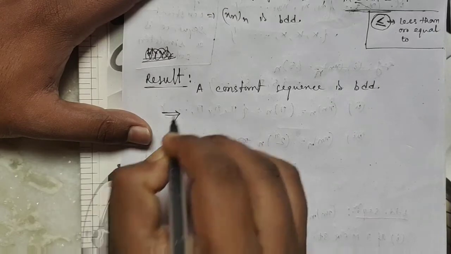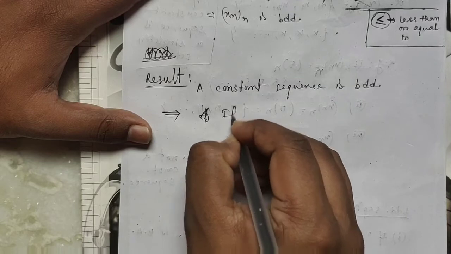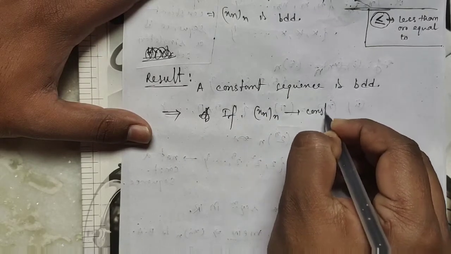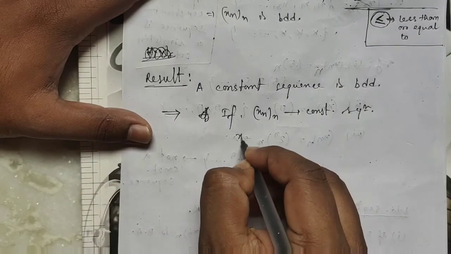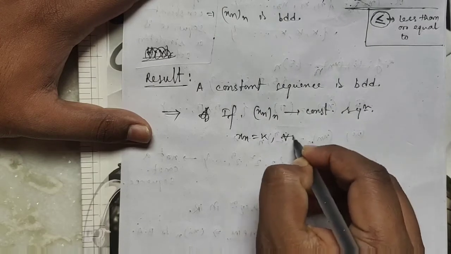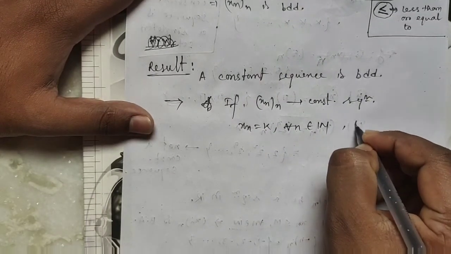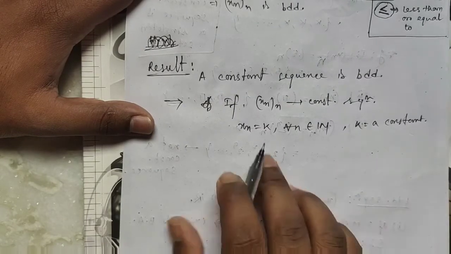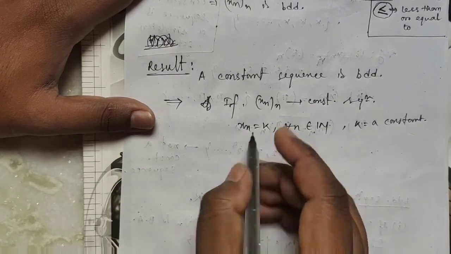Because a constant sequence is of the form, if xn is a constant sequence, then xn equal to k for all n belongs to N, where k is a constant.